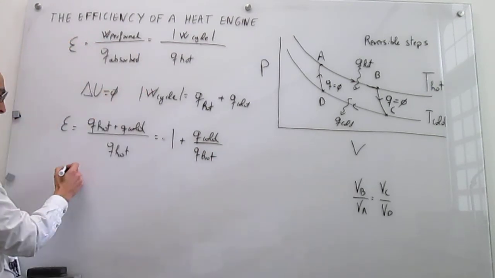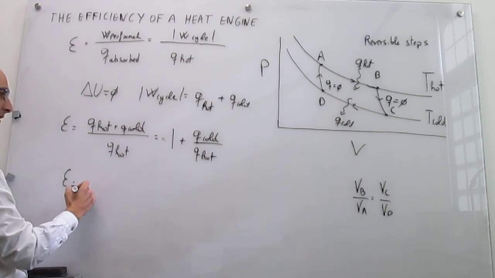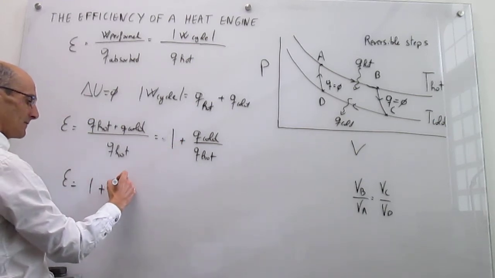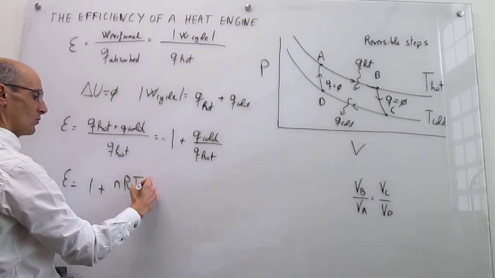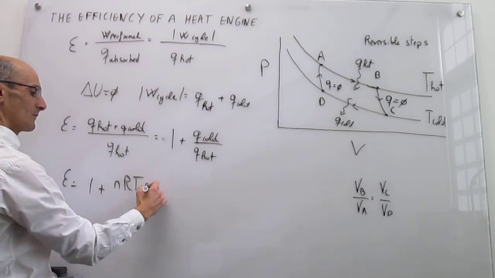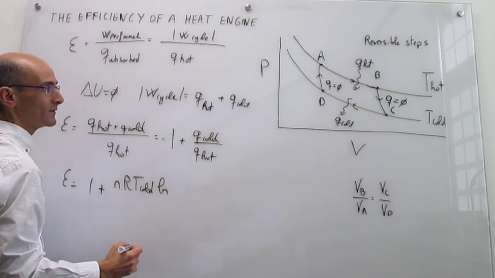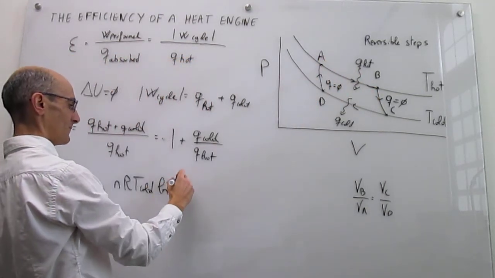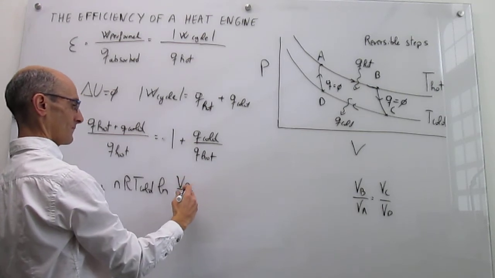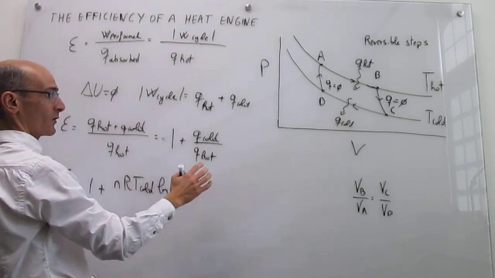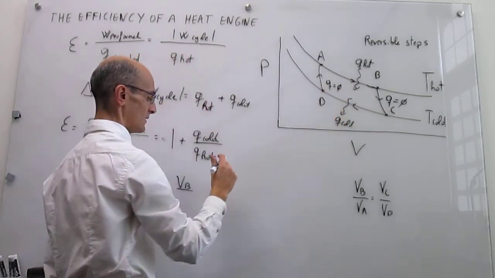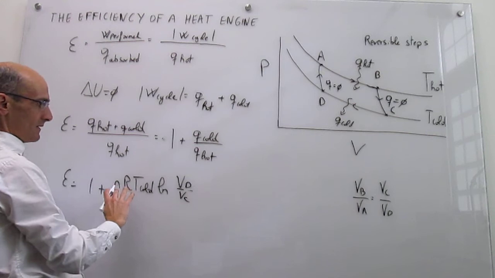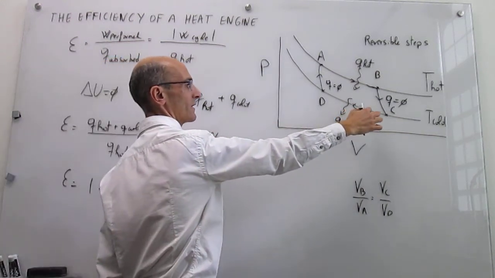So let's write that here carefully. The efficiency is equal to 1 plus nRT cold, natural log of the final volume over the initial volume. Actually, it's for the cold one, so it will be from C to D, so the final volume here is V sub D over V sub C. This is the heat in the cold sink.